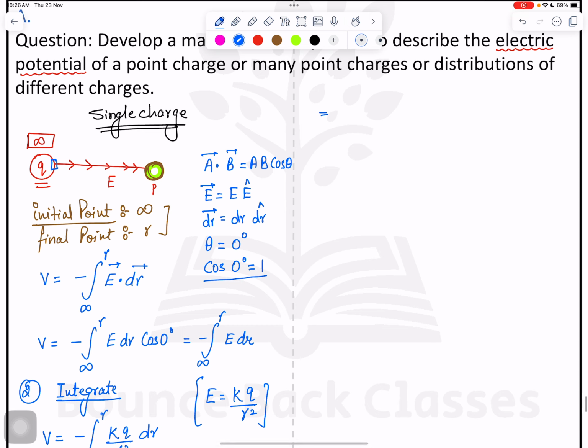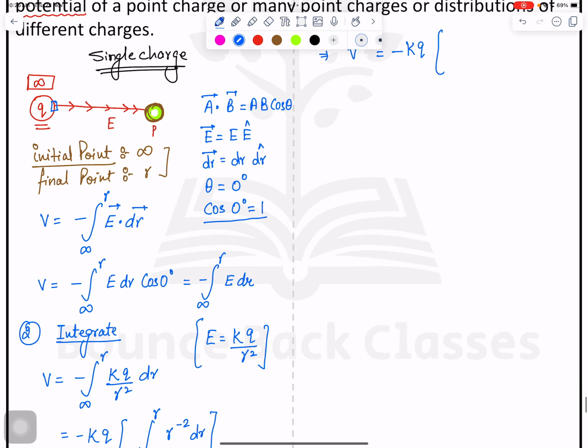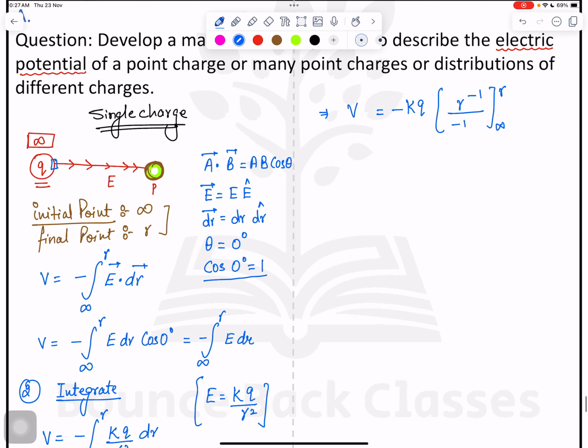Here, we have V equals negative kq outside, and now I get r power negative 1 divided by negative 1, and we have the limits infinity to r. Okay, V equals negative kq, so I get negative 1 over r. I take r down, limits infinity to r.